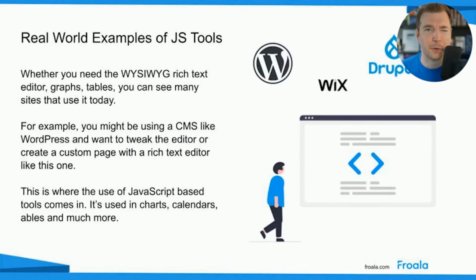Nothing speaks more volumes than real-world examples, like examples where companies are actually out in the wild using tools to speed up development rather than building everything themselves. We can look right now in the marketplace at things like Drupal, for example, or WordPress, and have a look at how their CMS works. And if we have a look closely, we can see they are using tools like WYSIWYG editors to do posts.